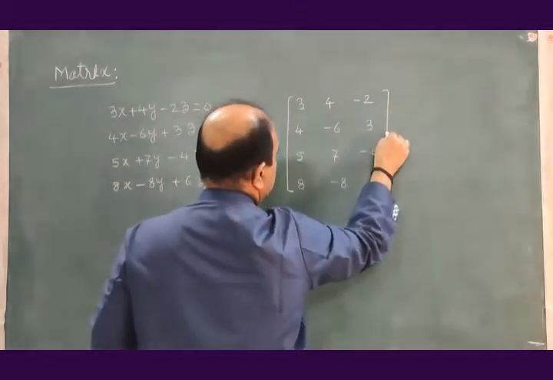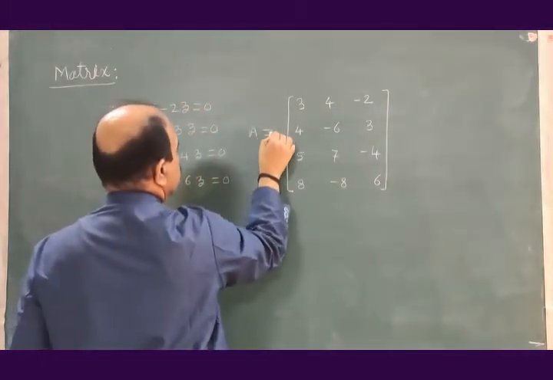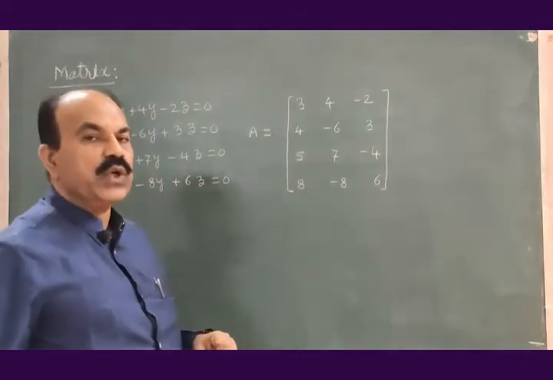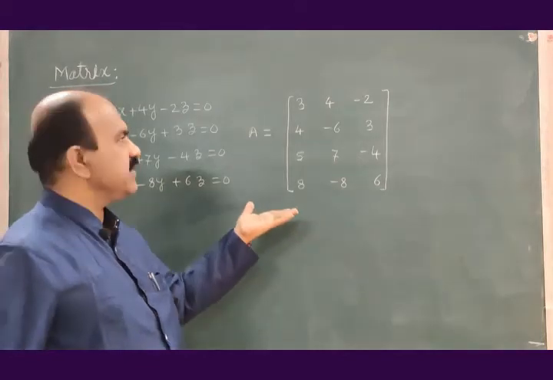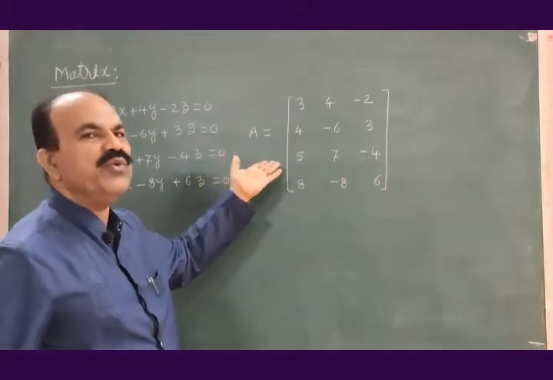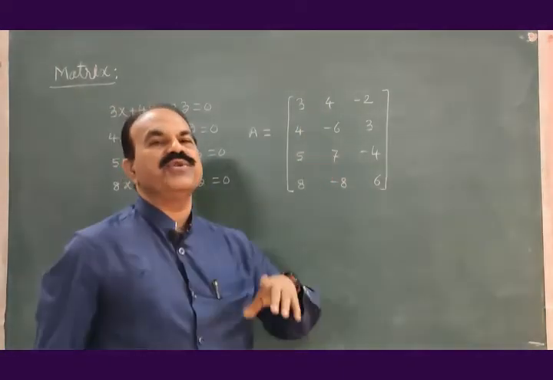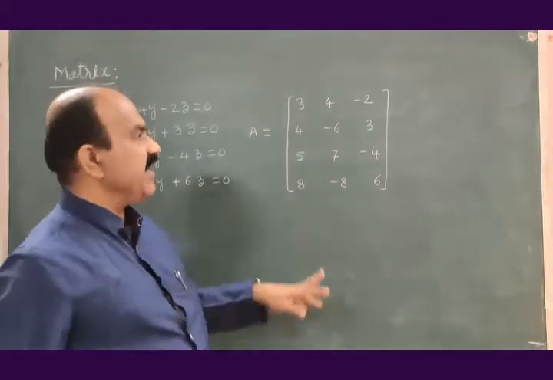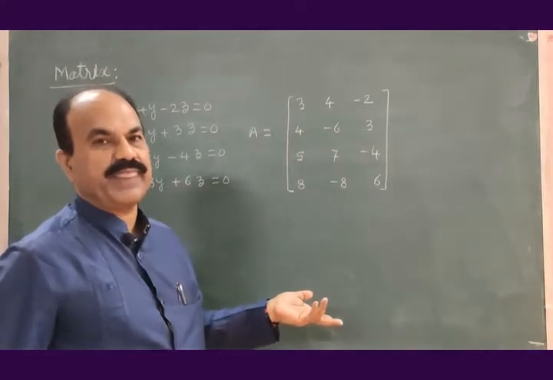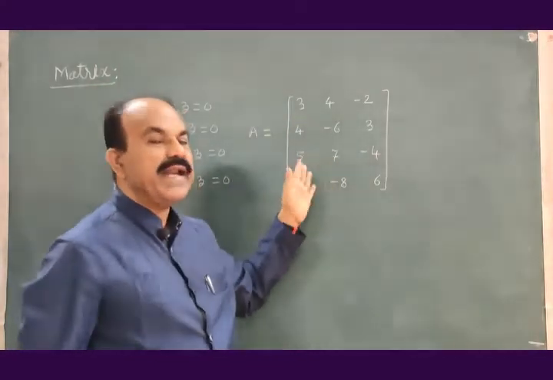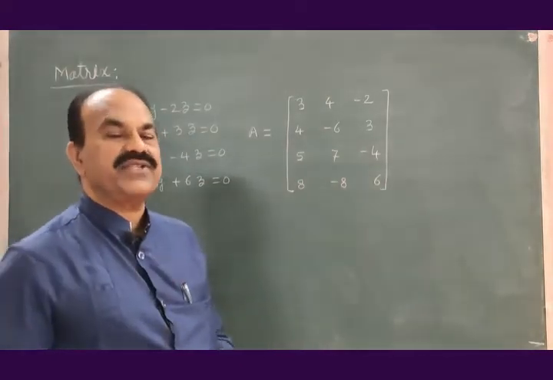This is collected in the form of rows and columns enclosed within square parentheses or square brackets. I have given a name A to this system. This system is known as a matrix. A is equal to, within the square parentheses, this array of numbers. This is known as a matrix.